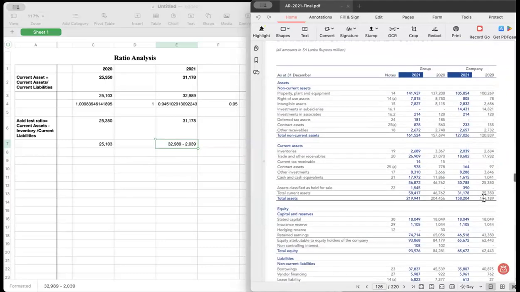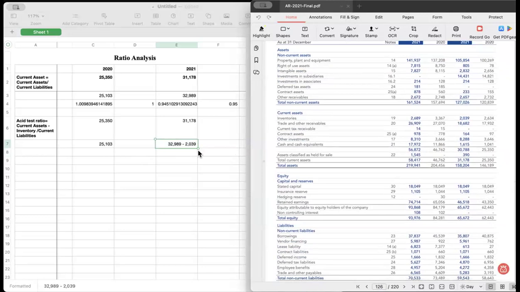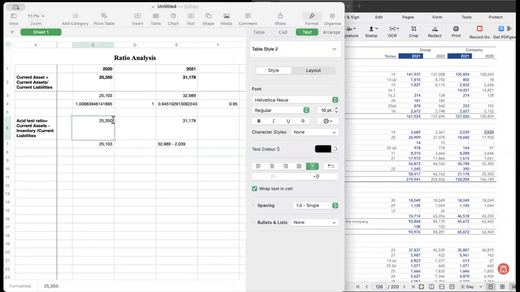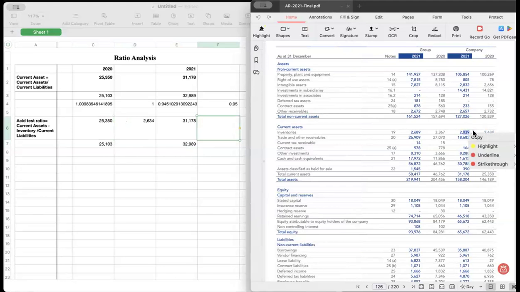Yeah, correct. Yes, I'm on the right track. Okay, 2039. Inventories 2021, 2634, 2020. Oh no, I put it in the wrong place. It's supposed to be here. Okay, 2039.